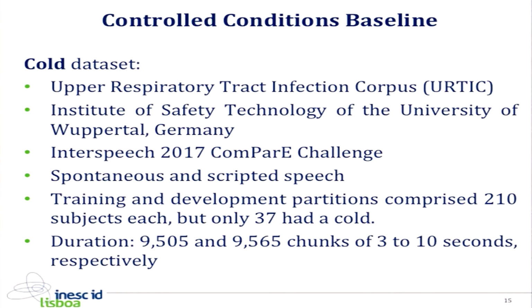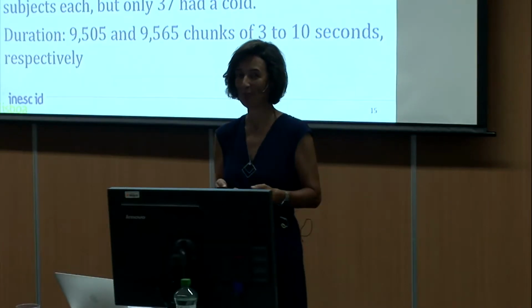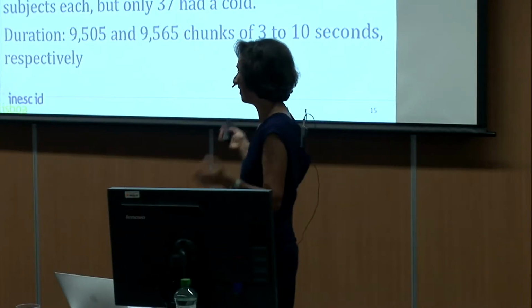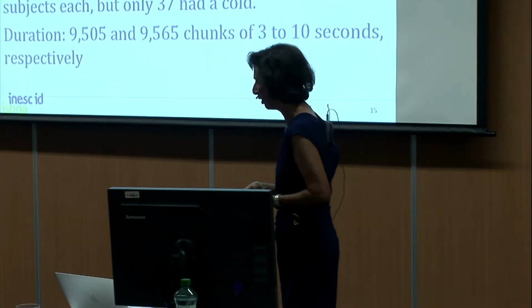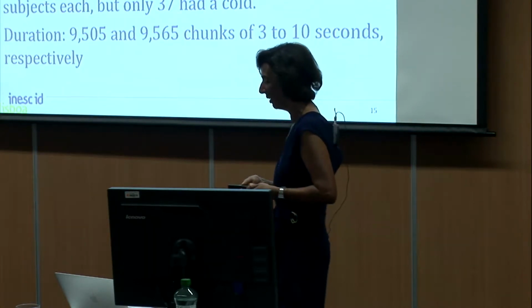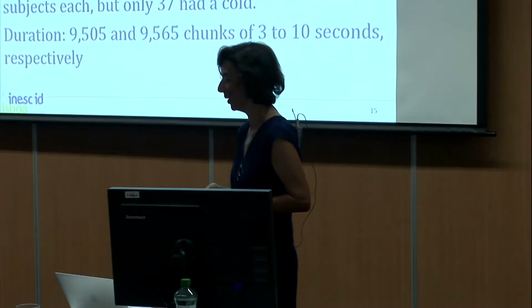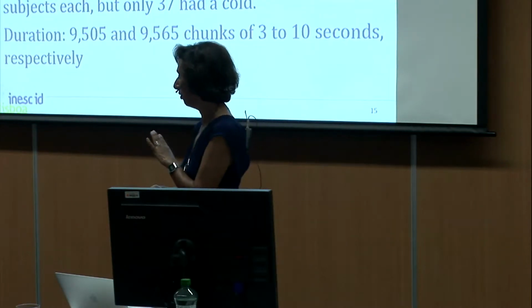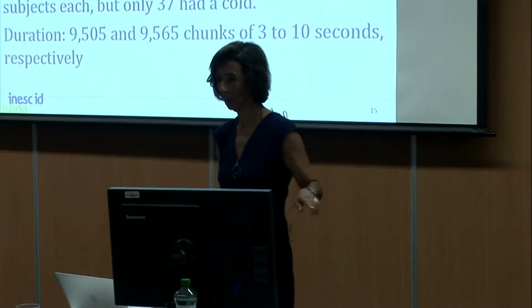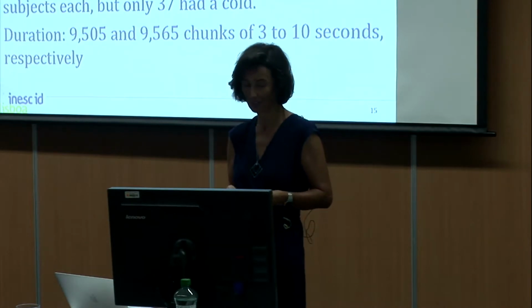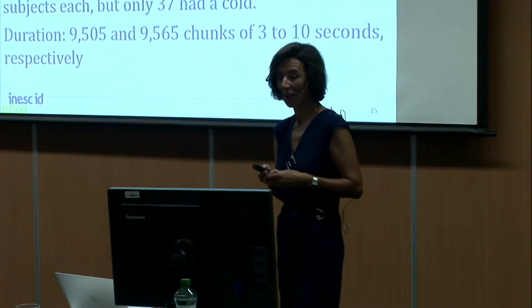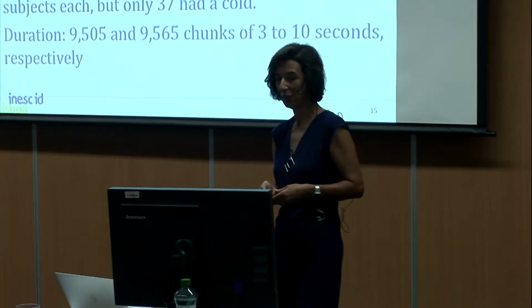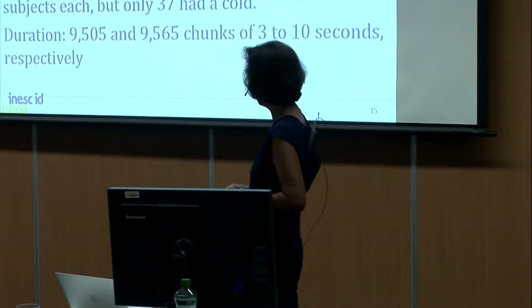But there was limited space for the paper, and so we left out the Parkinson, also because it was data for which we didn't have healthy controls. It was a regression task. So our two data sets for this talk will be cold and depression.